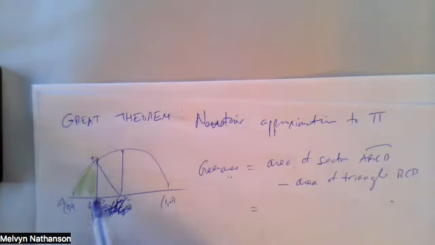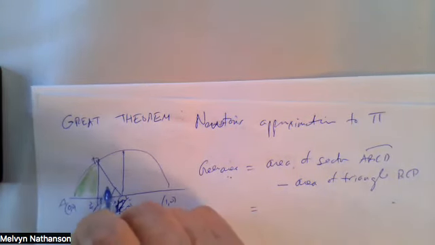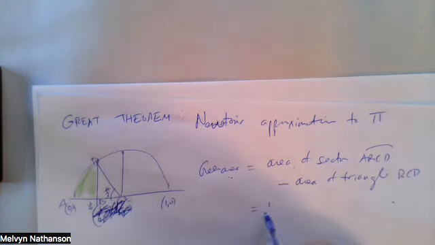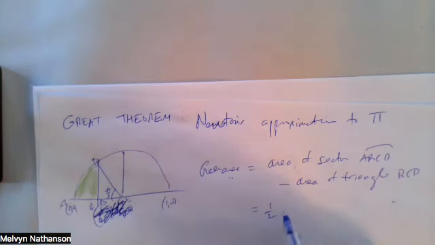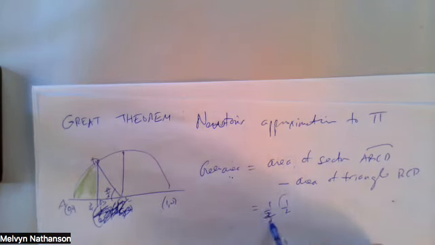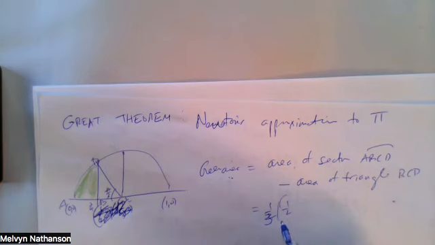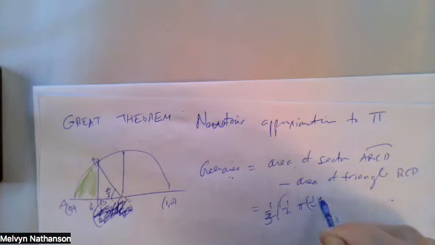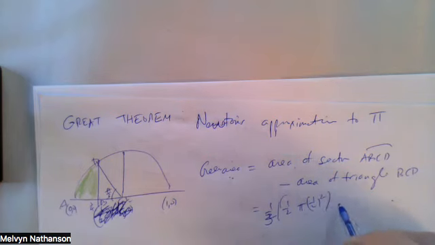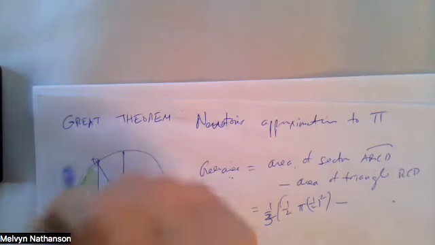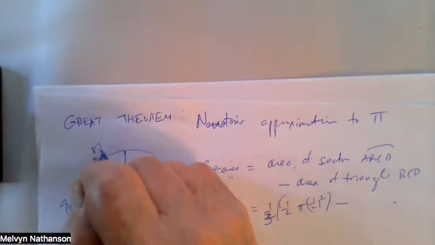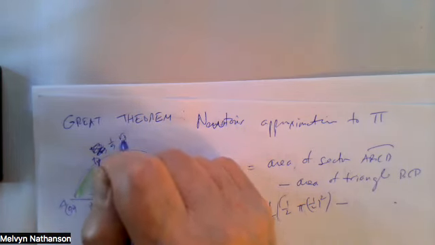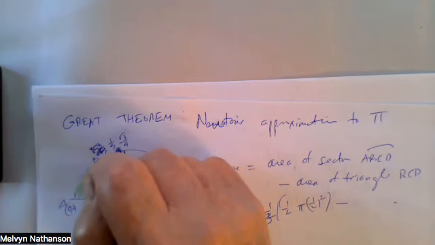The area of the sector of the circle, this angle is pi over 3. So that's a third of the area of the semicircle, which is a half the area of a circle of radius a half. So 1/3 times 1/2 pi times 1/2 squared. And the area of this triangle, this point is a fourth, root 3 over 4.